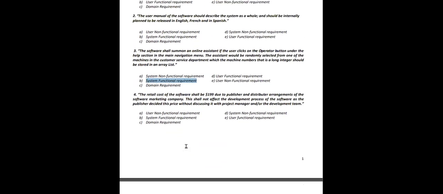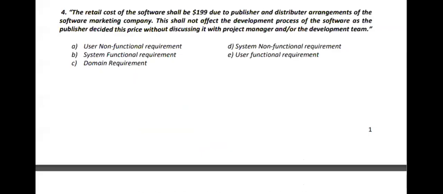The next one: the retail cost should be $199, according to publisher and distributor arrangements of the software marketing company. This shall not affect the development process of the software, as the publisher decided this price without discussing it with the project manager or the development team.